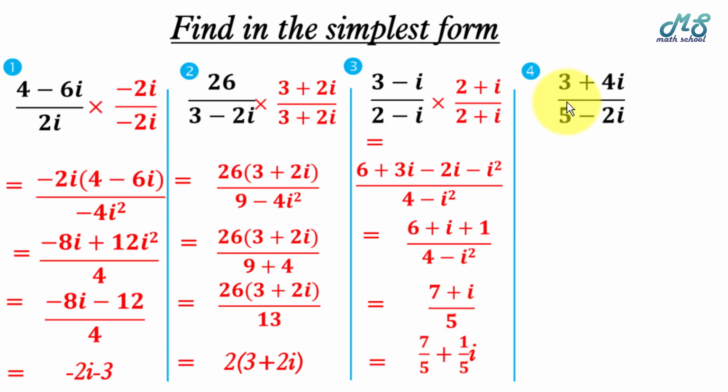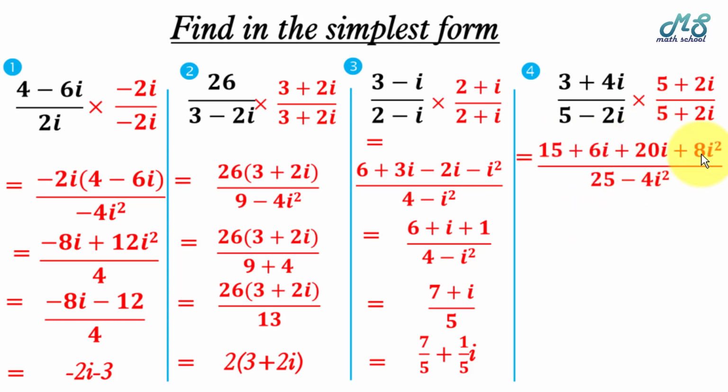Finally, multiplying by 5 plus 2i up and down, we can write it as 15 plus 6i plus 20i plus 8i squared, by using the distribution property, over 25 minus 4i squared. Don't forget, guys, square the first minus square the second amount. I squared equals negative 1, so substitute up and down.